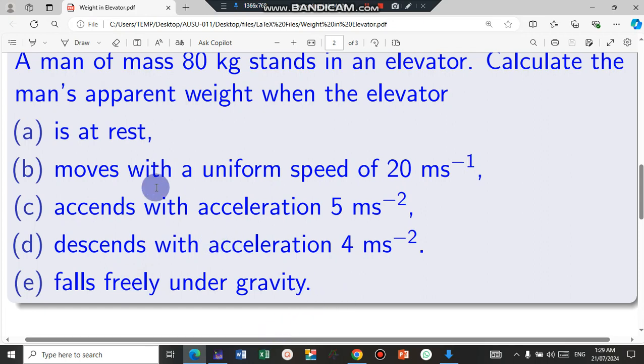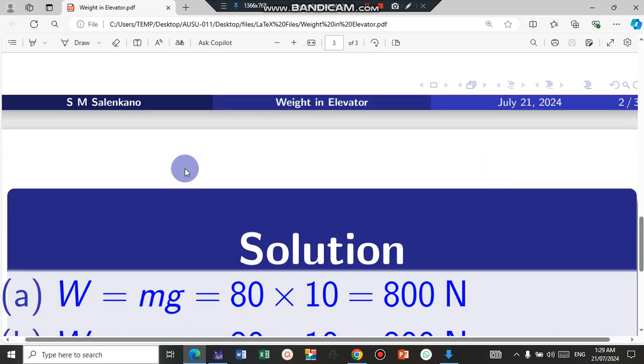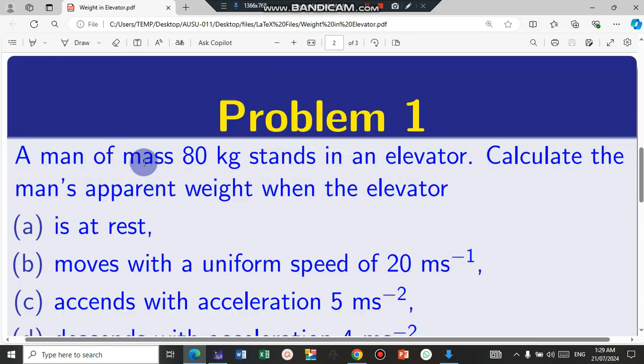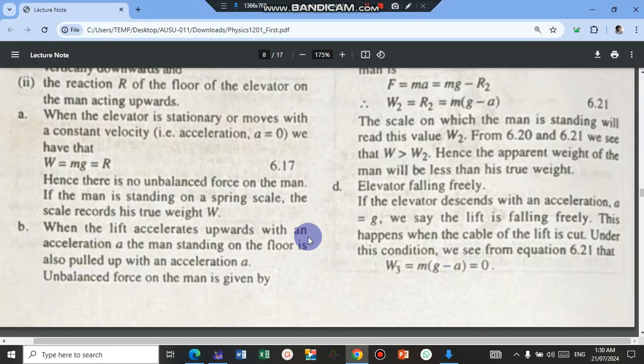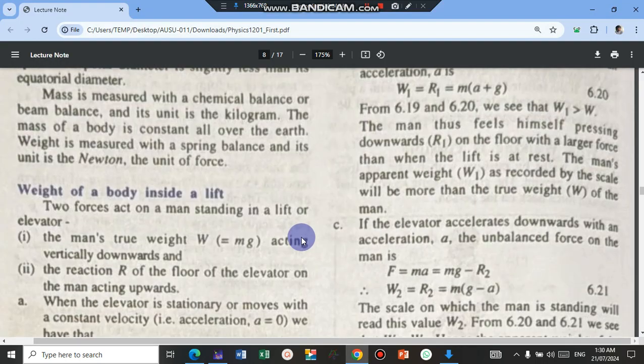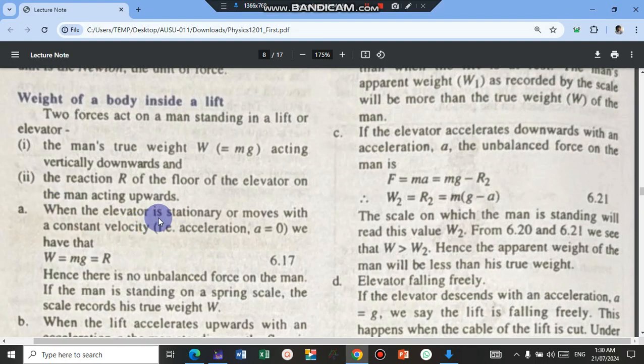Okay, let's see, how do we solve this problem? In the first one, the elevator is at rest, and going by what we explained here, when the elevator is stationary, that's at rest, or the elevator moves with a constant velocity, the weight of the man equals mg, and that is the true weight of the man.